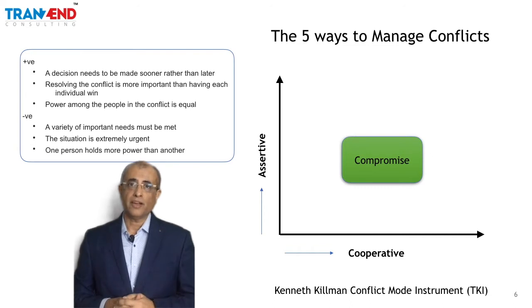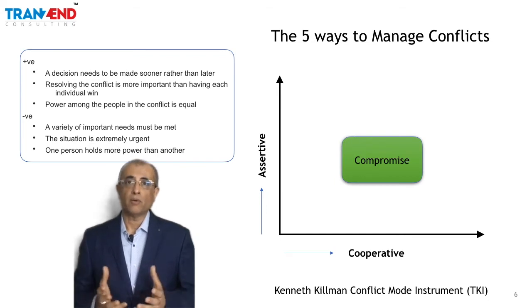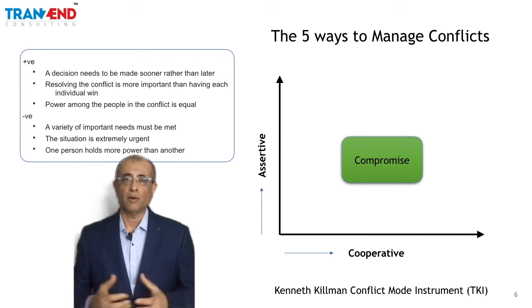Now this is also a very important approach, and which can sometimes be used effectively for certain situations. Another situation where compromise is usually very effective is where both the parties have equal power. Because what happens is, when 2 parties have equal power, they will keep fighting and the conflict will not go away.